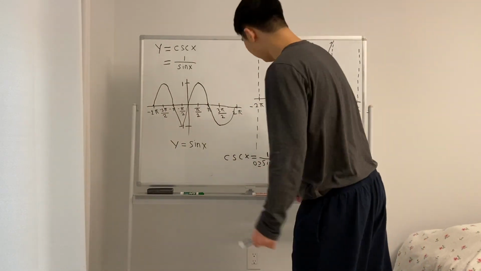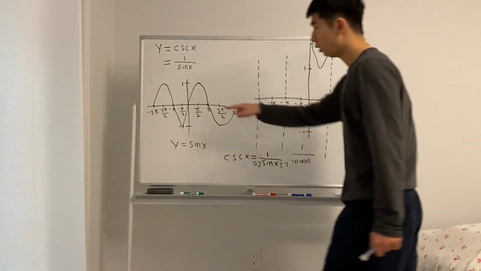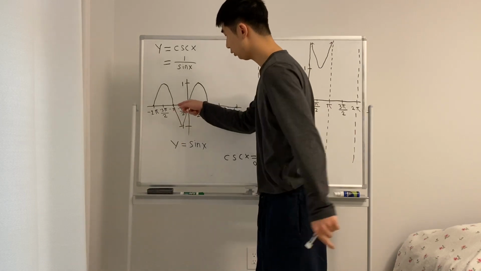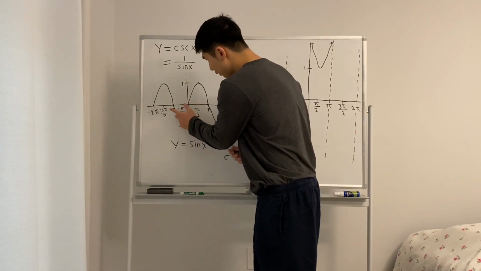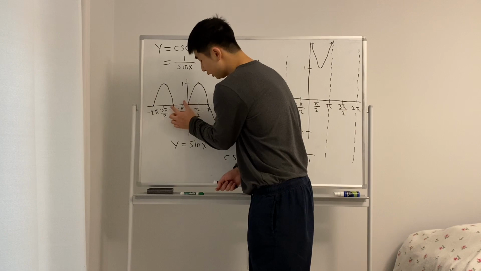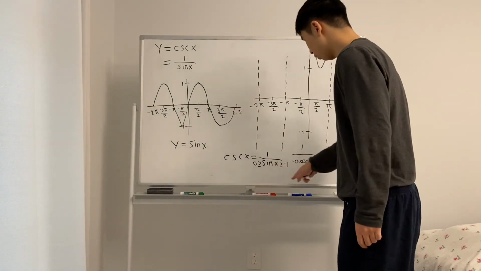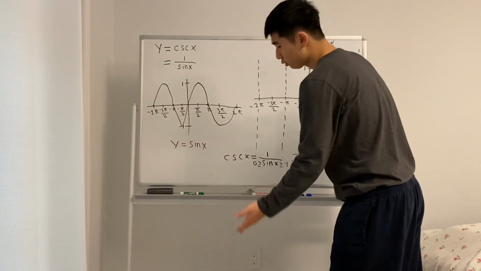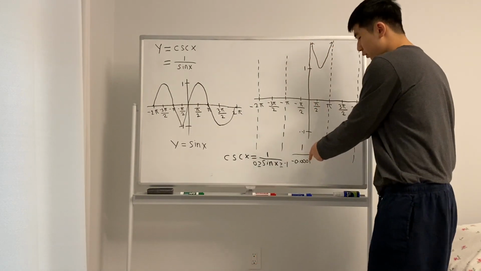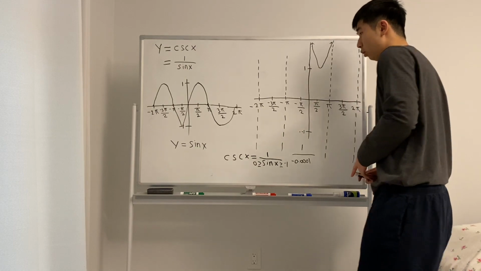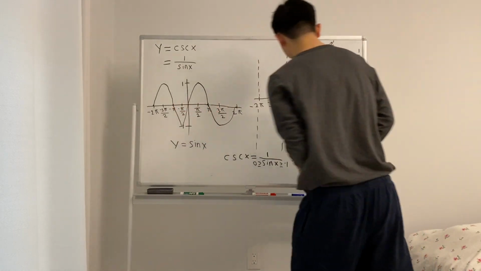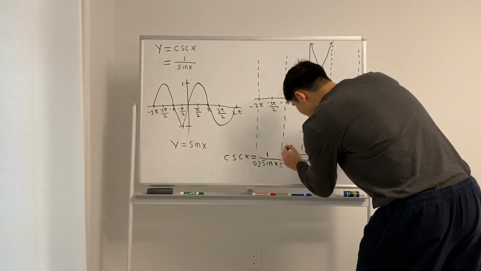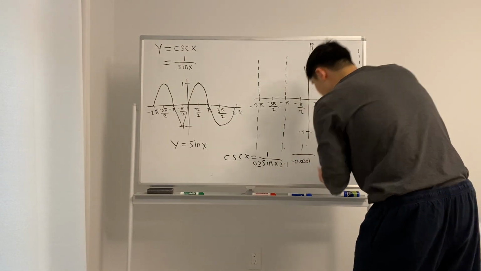Because here, negative 0.001 on this graph can mean maybe here, or here. So when you plug this into your calculator, negative 0.0001 is here on the sine graph, but since this is the reciprocal, as proven here, you're going to get a really small number. The graph's going to go to negative infinity. So for these 2 points on the sine graph, we can plot points on the cosecant graph, maybe here and here.